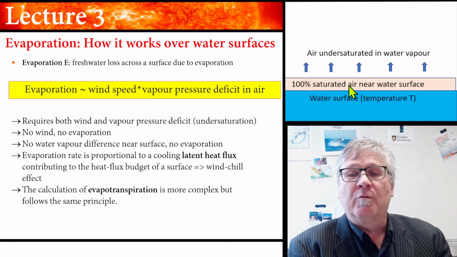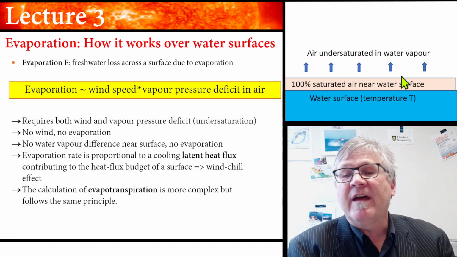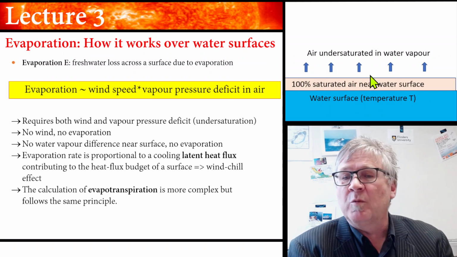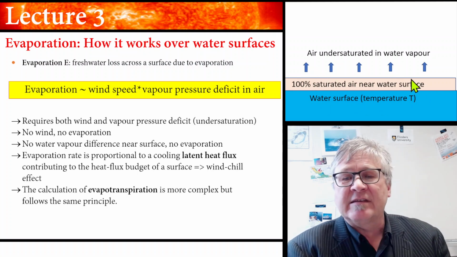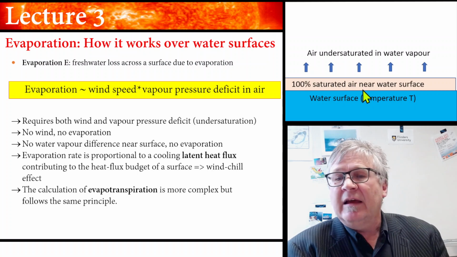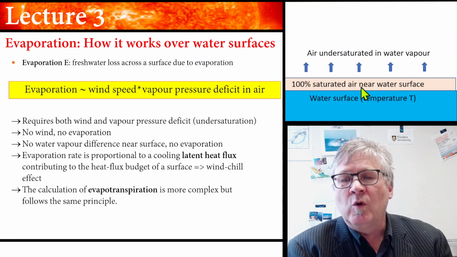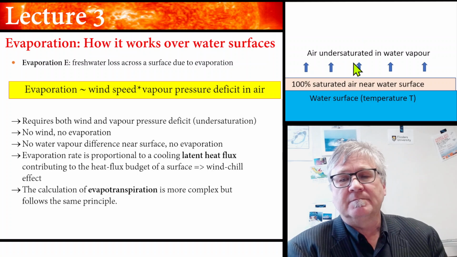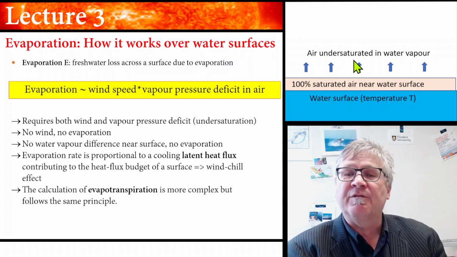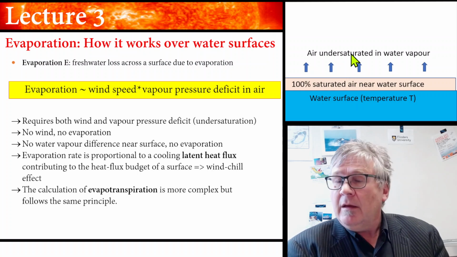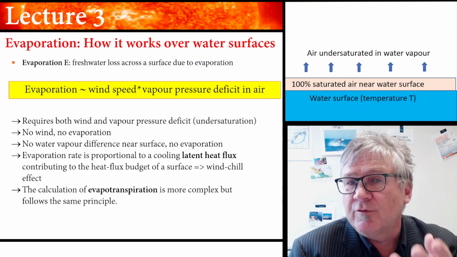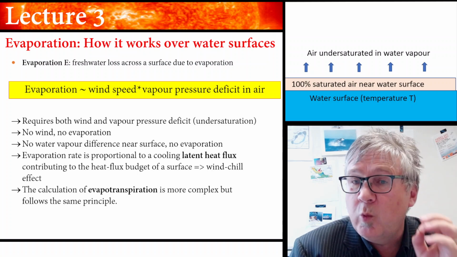And if you're above a water surface, then you always have a transition zone which is 100% saturated. So you have air that is 100% saturated, and this feeds into the air above. Okay, so evaporation is the flux from the saturated zone into the undersaturated flow. And the process that provides the flux is the wind.